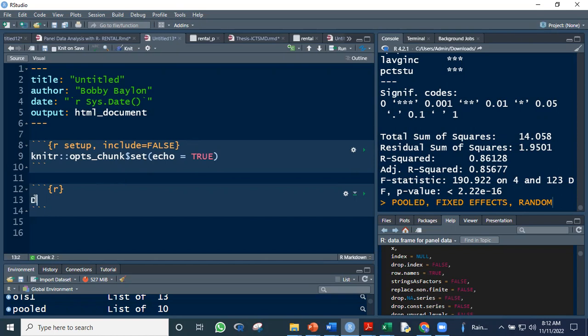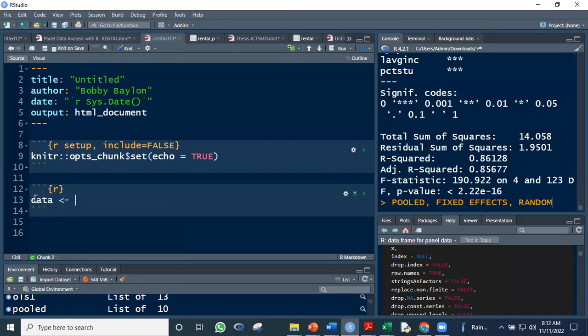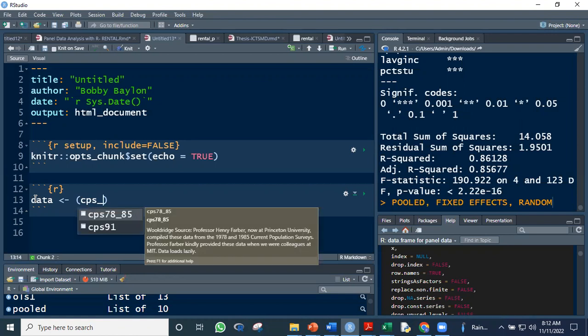Let's make use of another data. Let's call it data. In the Wooldridge package, I'd like us to use the CPS there, the Current Population Survey.